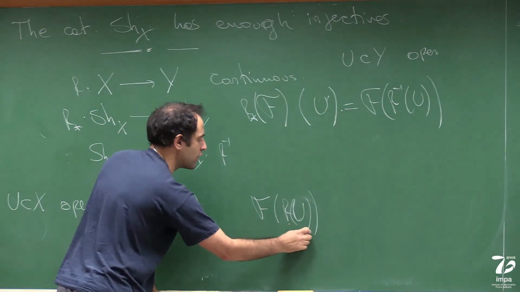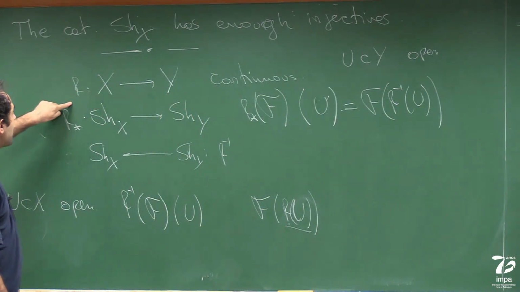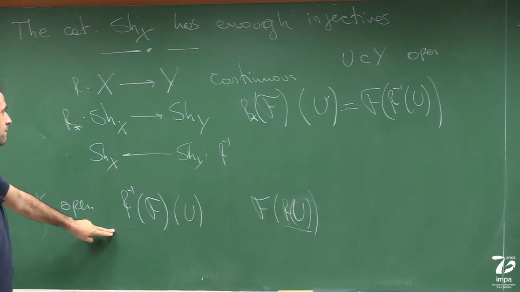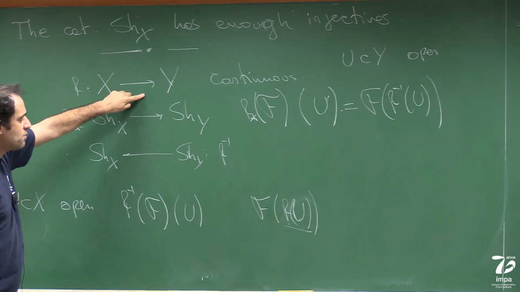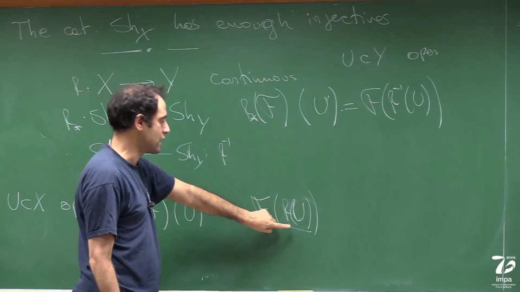But the problem is that this is not necessarily open. The map f that you started with doesn't need to be open. If the map that you have is open, then this will give you a sheaf. But if the map f does not send opens to opens, then this doesn't even make sense. I've only defined F on opens. So I cannot do this.